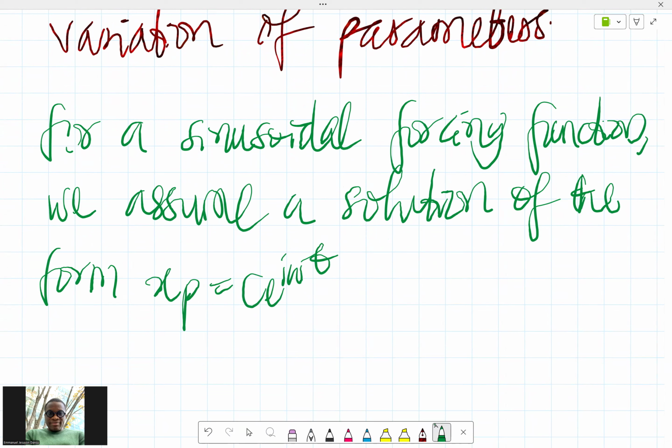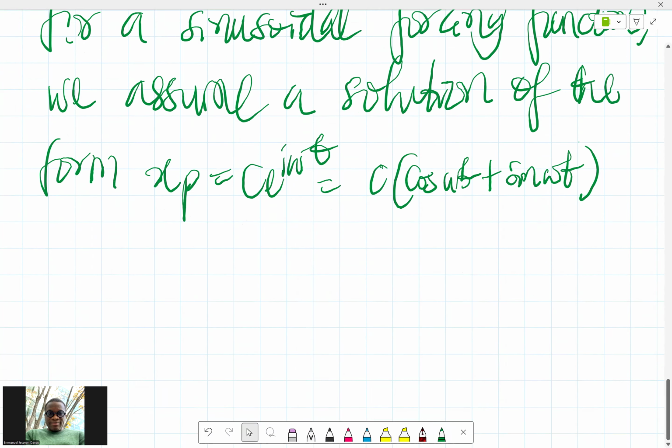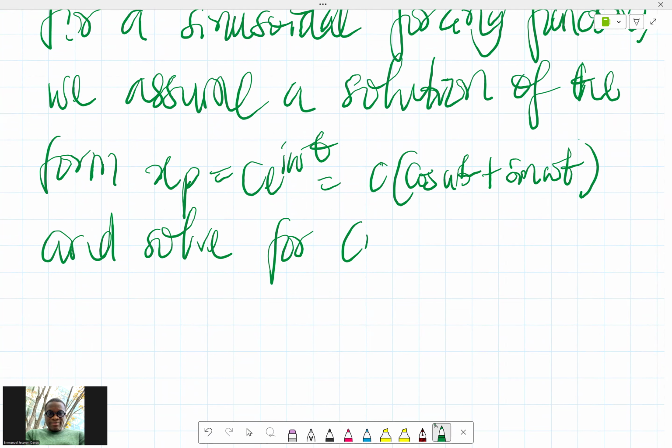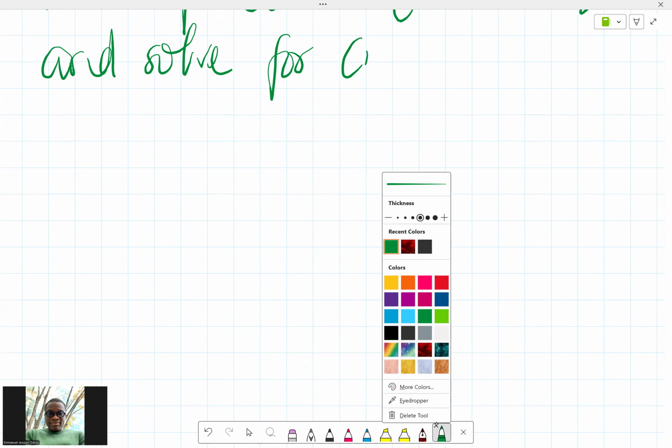Of course, that's the same thing as C times cos omega t plus i sine omega t, something like this. We assume that solution form and solve for C. That's how that goes.